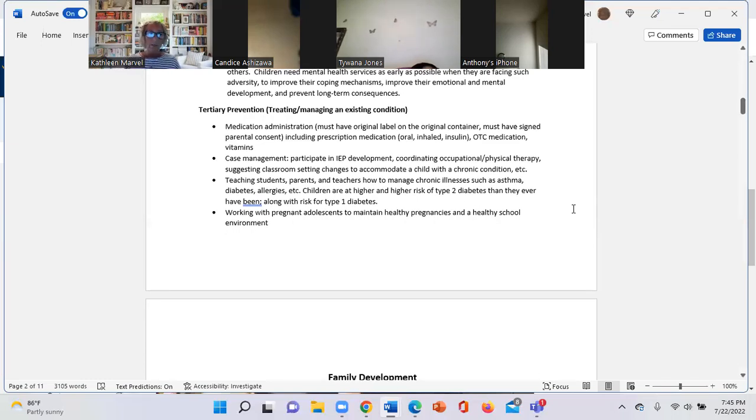Okay, and then tertiary. Tertiary is treatment, managing an existing condition. So they need to have something going on for it to be considered tertiary. For example, let's say a kid has asthma or allergies, and you're giving medication for an already existing condition.